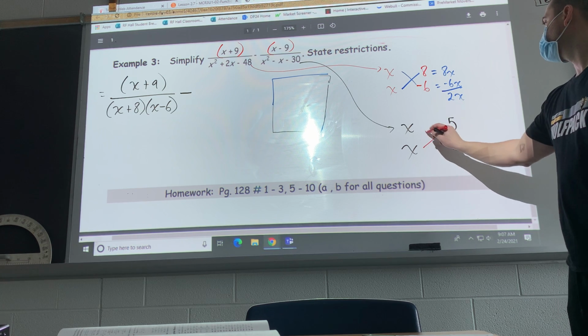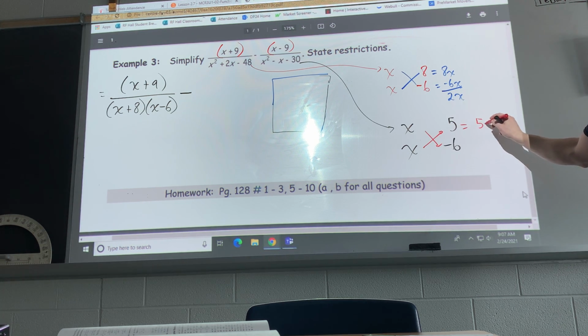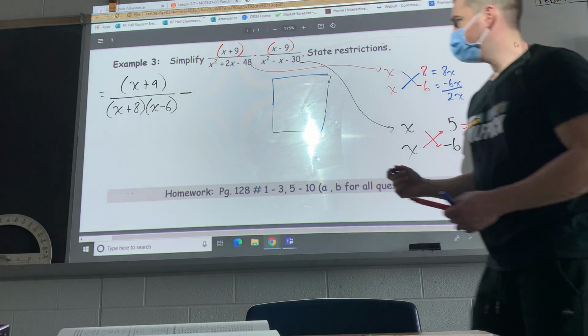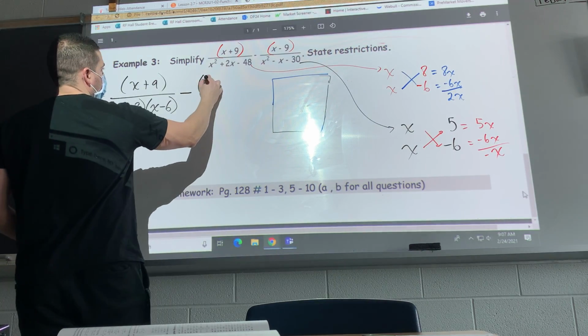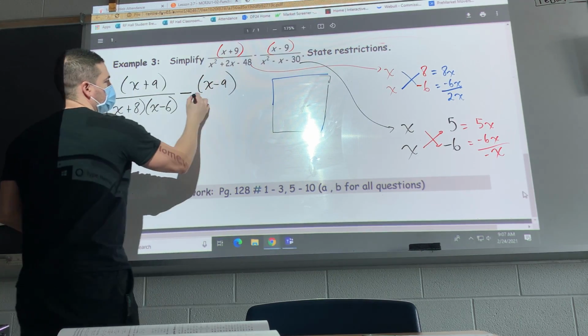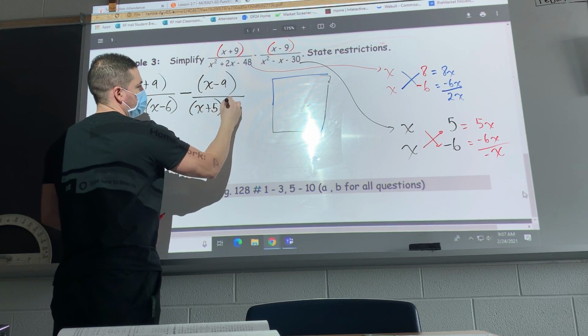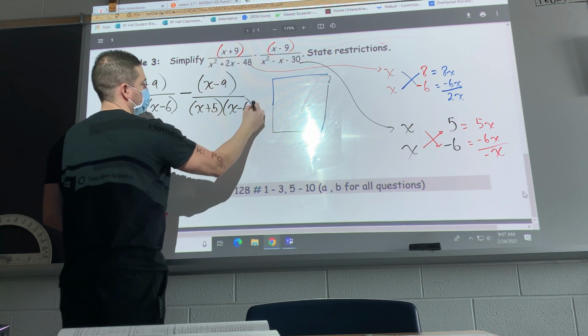Okay, so when you cross multiply it, you get 5x and negative 6x, which gives you negative 1x, which matches our middle term. So we get x plus 5 and x minus 6.